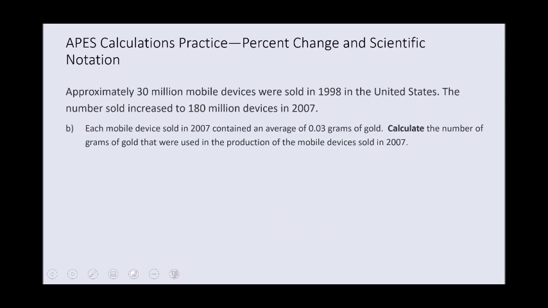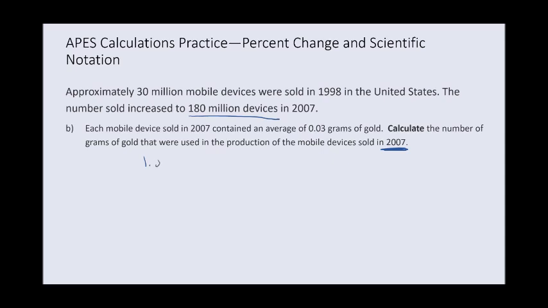So B, each mobile device sold in 2007 contained an average of 0.03 grams of gold. Calculate the number of grams of gold that were used in the production of the mobile devices sold in 2007. So it's telling us we need to pay attention to the 2007 number, which is this.